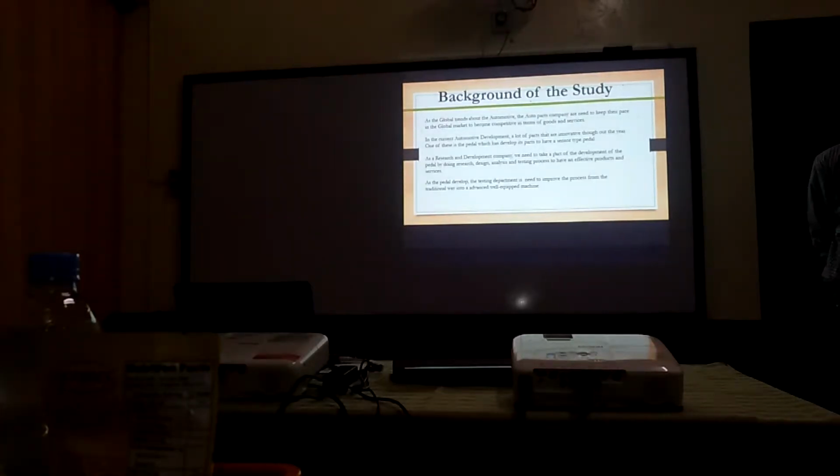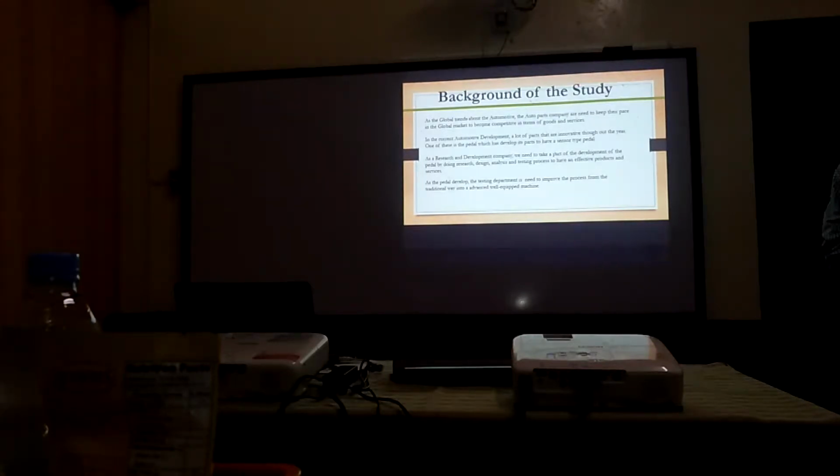So, for the background of my study, as a global trend across the automotive, the auto parts companies need to keep their pace in the global market to become competitive in terms of goods and services. In the current automotive development, a lot of parts are innovative throughout the year. One of these is the pedal, which has developed its part as a sensor type pedal.